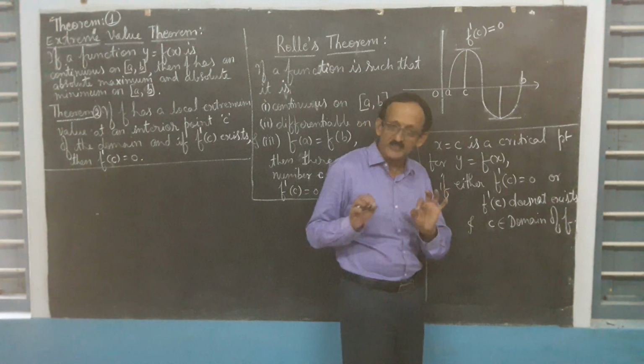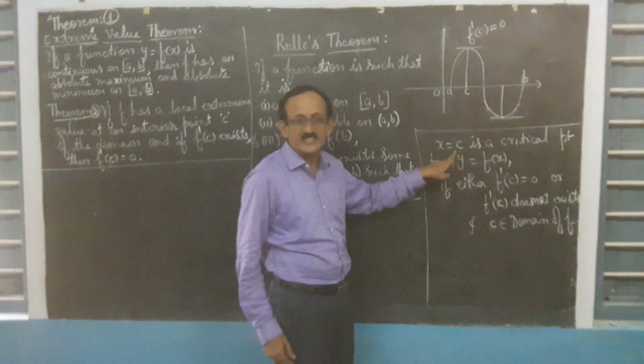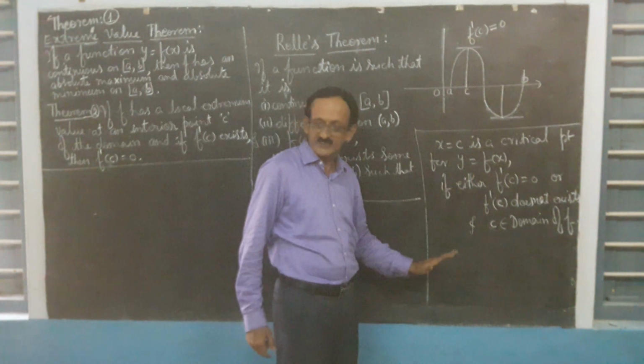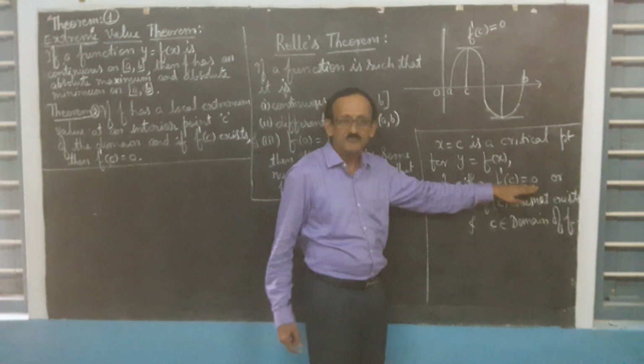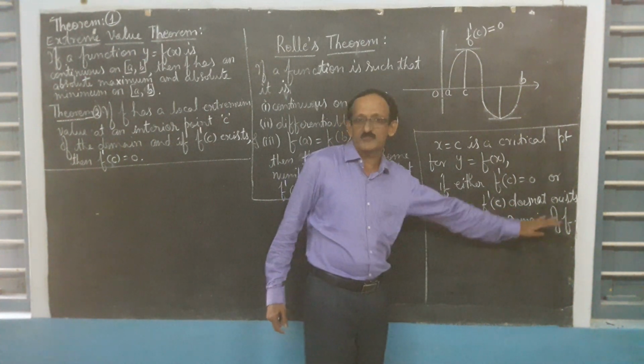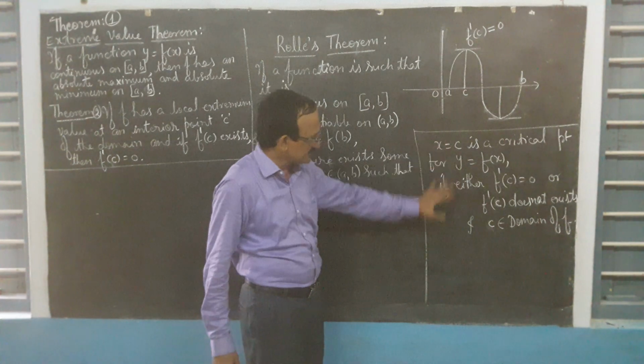Then only can we call x equal to c a critical point. It's clear, right? Either f dash c is 0 or f dash c does not exist, and c should be in the domain of the function. This much should be guaranteed.